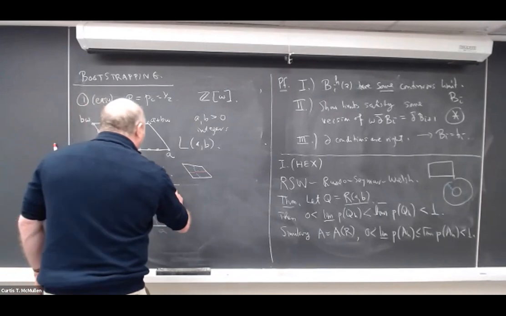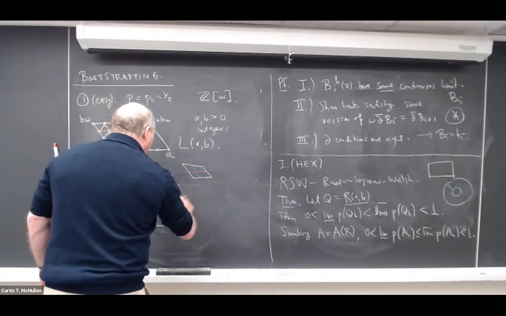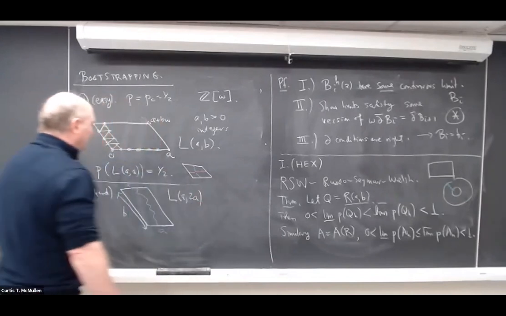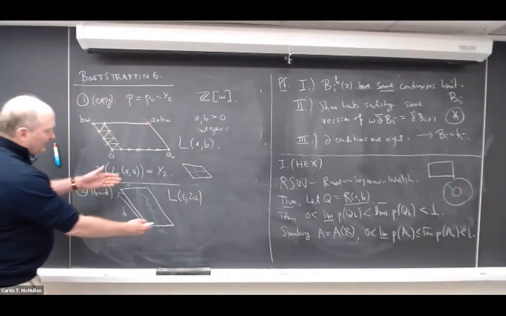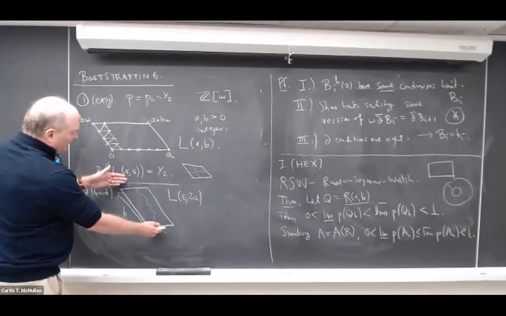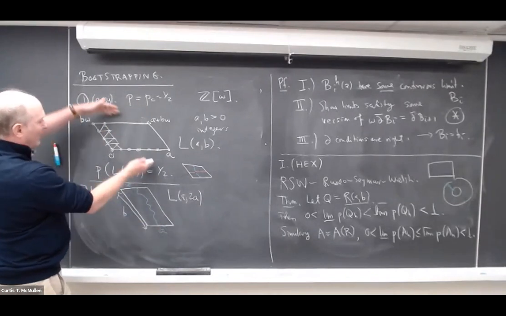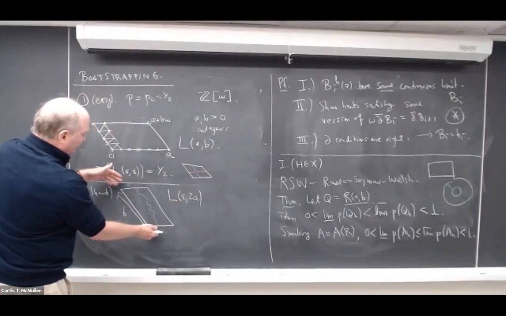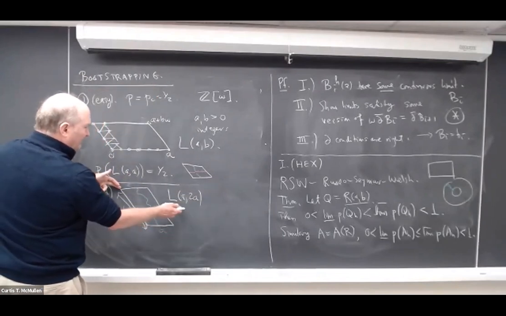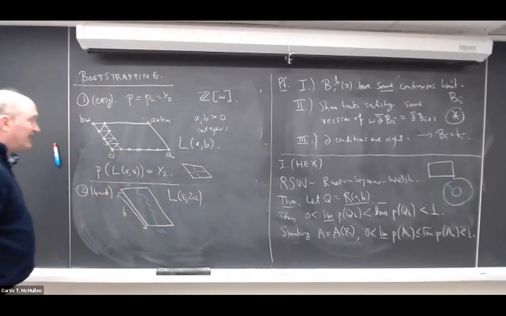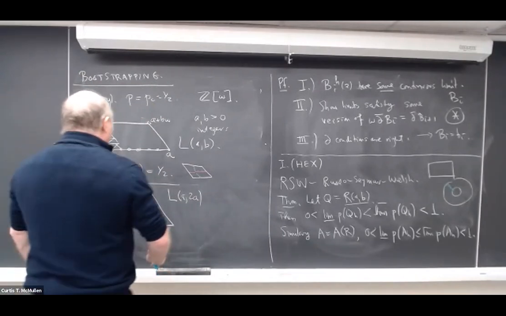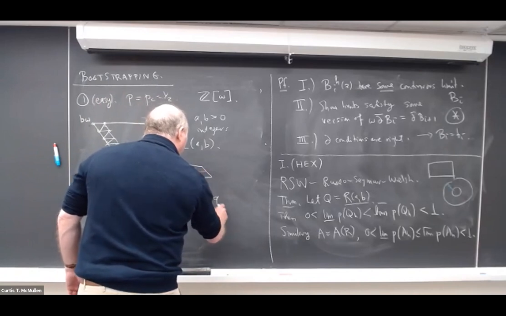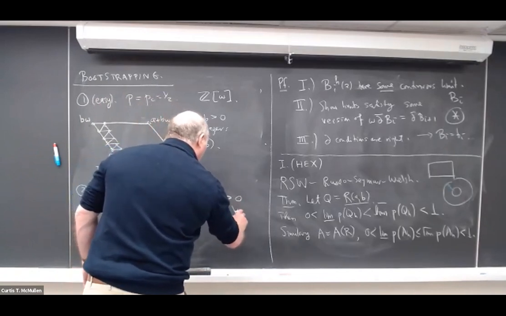So we look at, say, L of 2A to A. Now, it's obvious that the probability of a crossing going this way is going down as you move from the shape of the rhombus. It's harder for there to be a crossing in this larger thing. So this probability started out as a half and is decreasing. And the claim is that this is greater than or equal to some constant greater than 0 for all A.